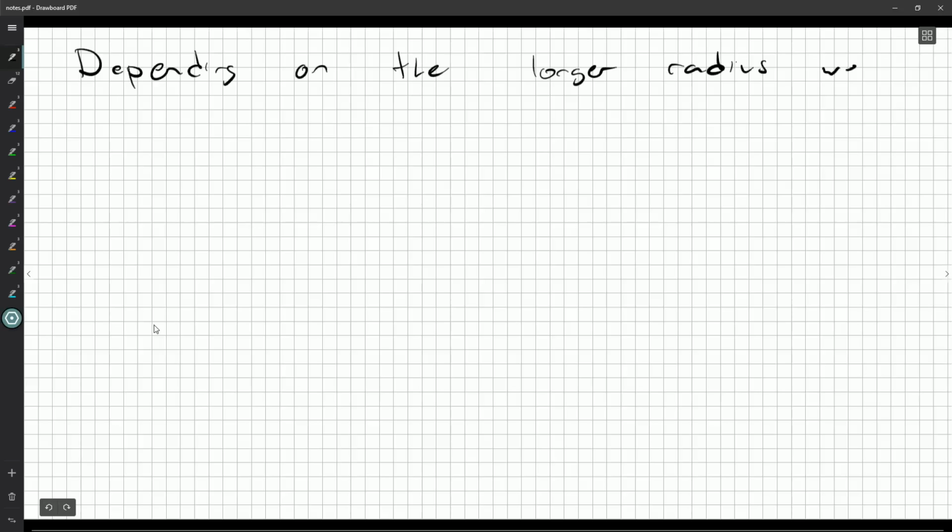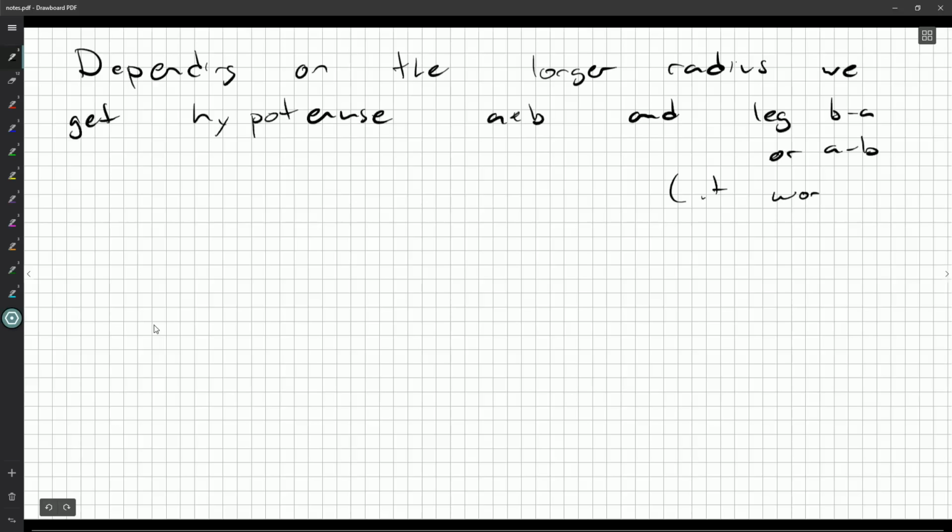Depending on the longer radius, we get hypotenuse A plus B and leg B minus A or A minus B. And I will say to them, it won't matter in what follows, as (A minus B) squared is equal to (B minus A) squared.